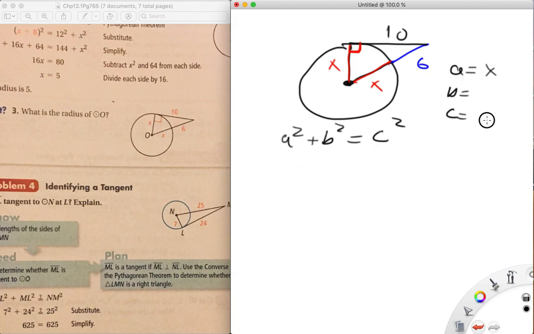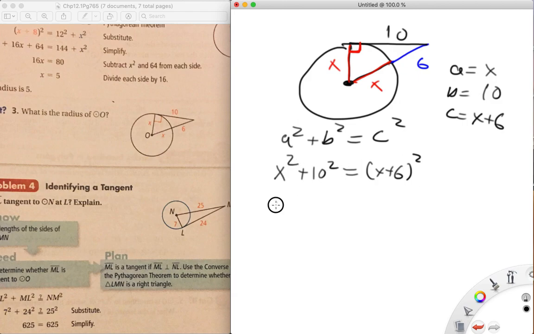That's wrong, I made the same mistake. X plus 6 is C squared, because it's opposite of the 90 degree. So A, this is B. Brain's not working. Okay. X squared plus 10 squared equals x plus 6 squared.